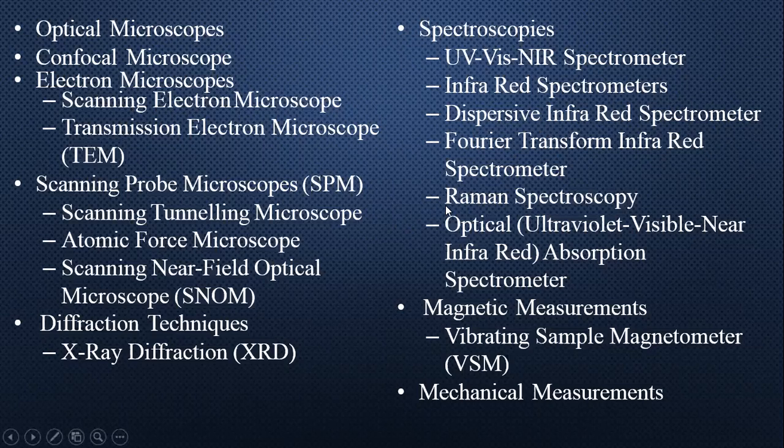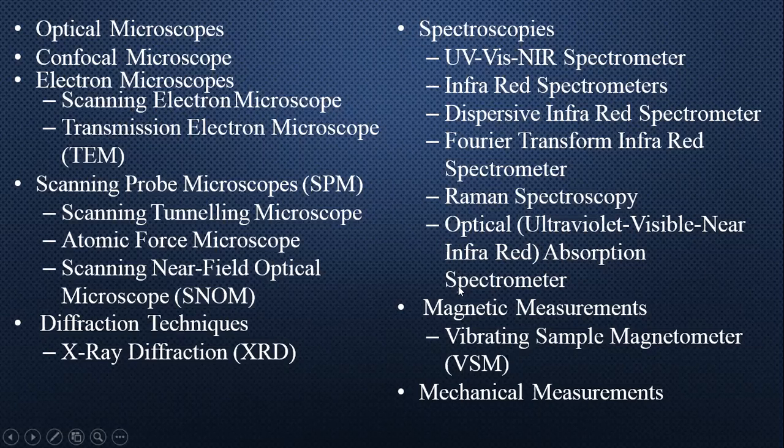Another spectroscopy that we can use for characterization is Raman spectroscopy. The next one is the optical. In optical, we can use the ultraviolet, visible and near infrared, that is UV, VIS and NIR spectrometer, as we already mentioned.